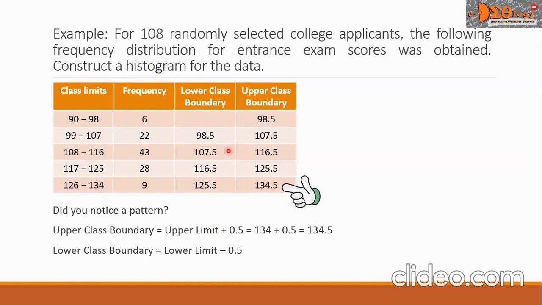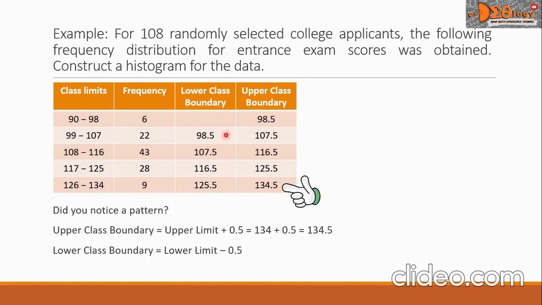Also, for the lower class boundary column, if we look at our lower limit, this is 99, it seems that this 98.5 is the result when we have lower limit minus 0.5.